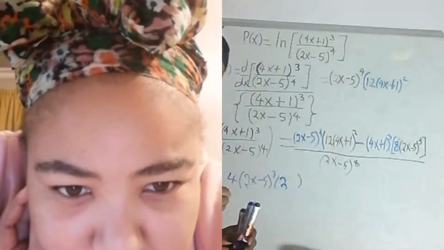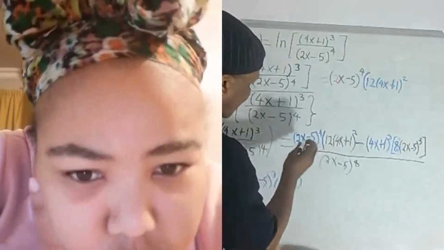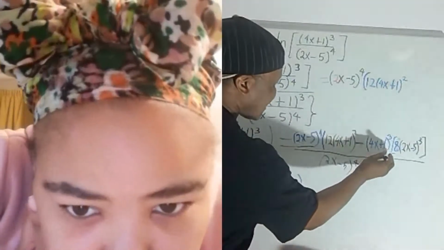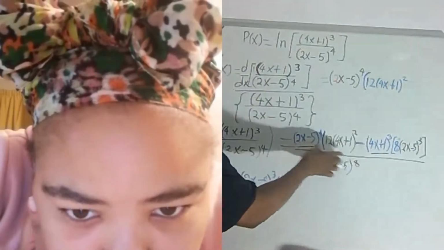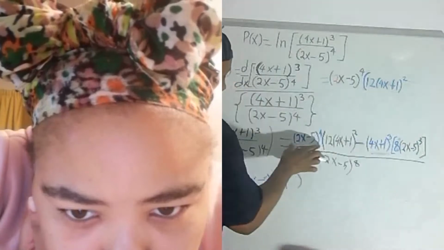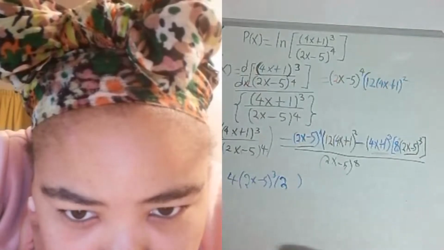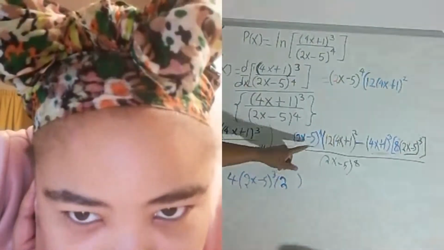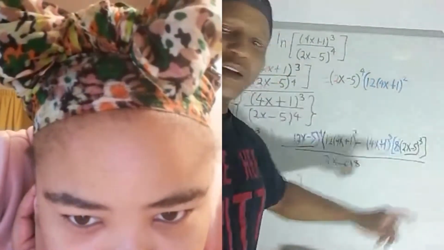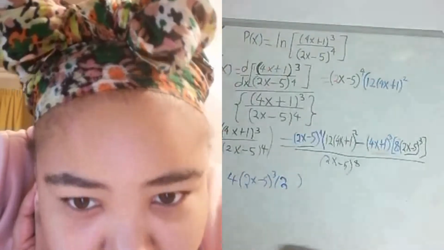Never take something from inside the bracket and take it out. This (2x minus 5) is the same as this one, but here there are 3, here there are 4. Which one are we going to take out, 3 of them or 4 of them?